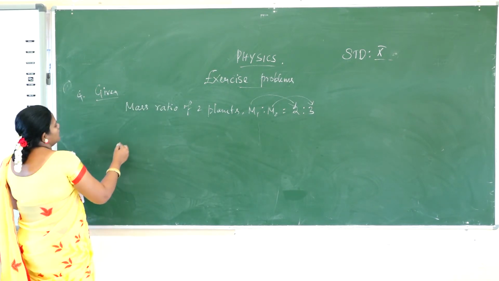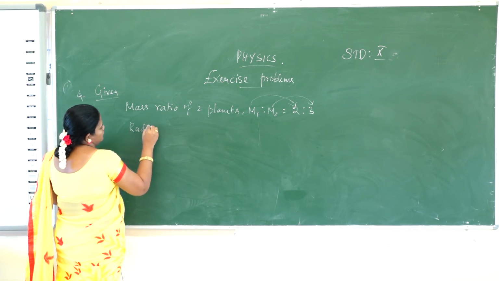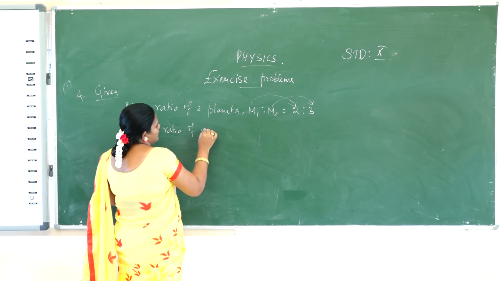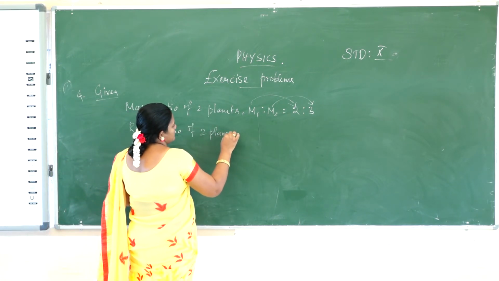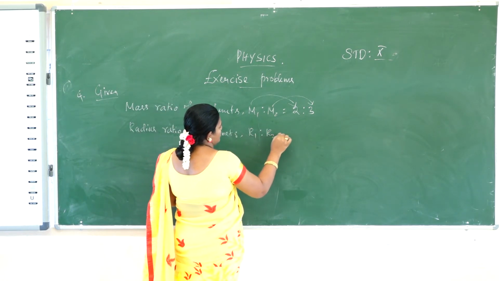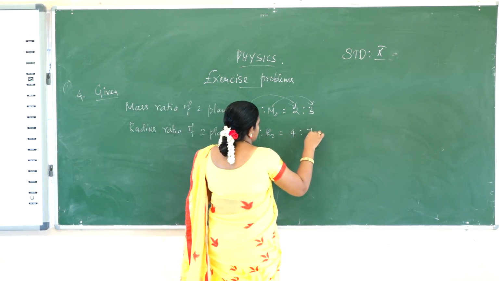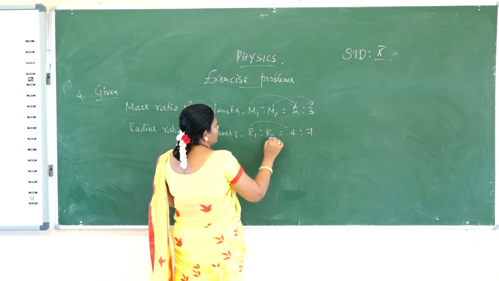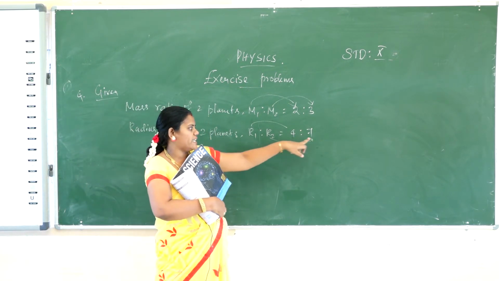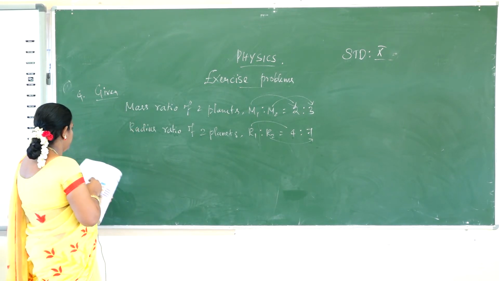The radius ratio of two planets, R1 is to R2, is 4:7. So R1 value is 4 and R2 value is 7, for the first planet and the second planet.